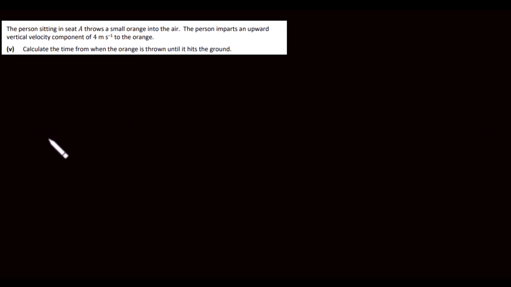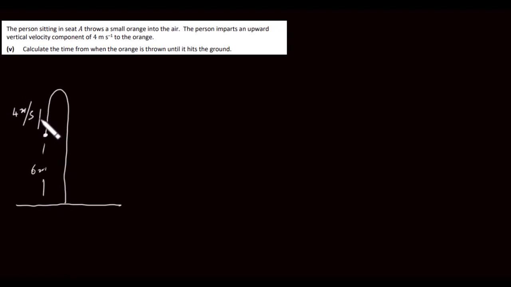Okay, so basically what happens here is the orange is thrown upwards and then it comes down and hits the ground down here. So the distance down along here is going to be 6 meters. It's going to be 6 meters from here to here. This point here is going to be minus 6 meters from our start point. We know that the velocity upwards is 4 meters per second.